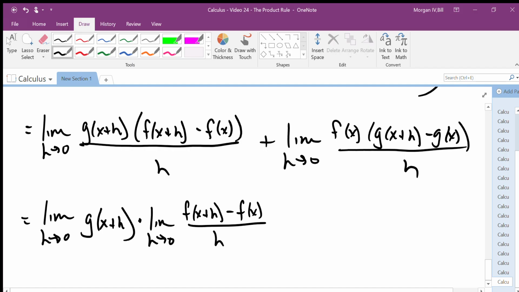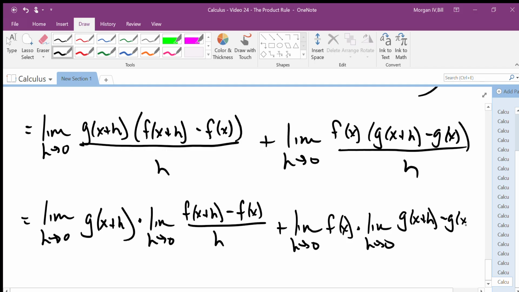And maybe you were getting to a point where you can start to see some patterns, some familiarity here. All right, so now it's plus the limit as h goes to 0. We'll just have the f of x times the limit as h goes to 0 of g of x plus h minus g of x over h.